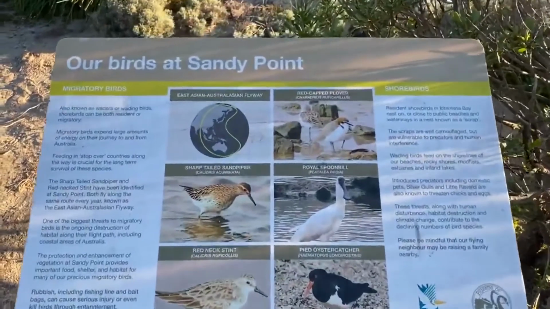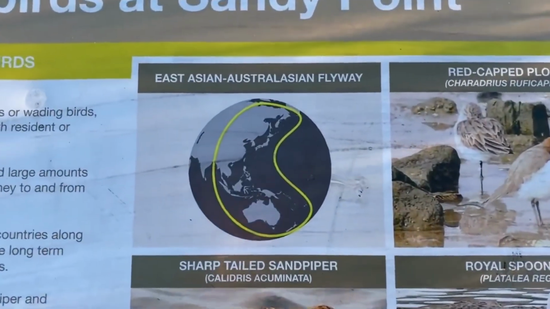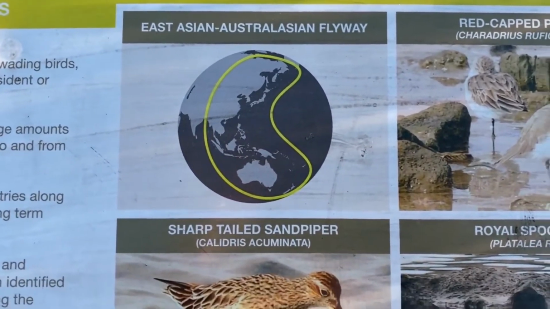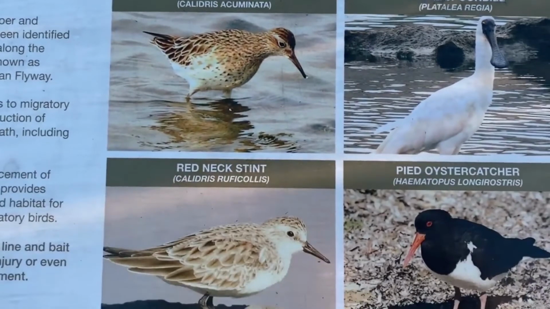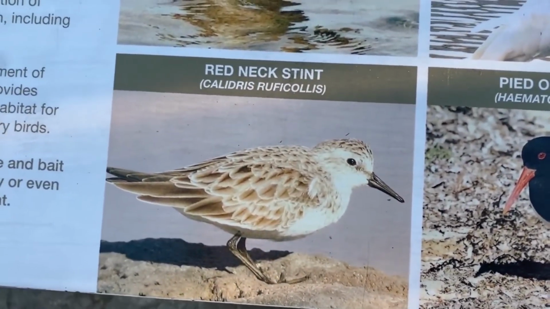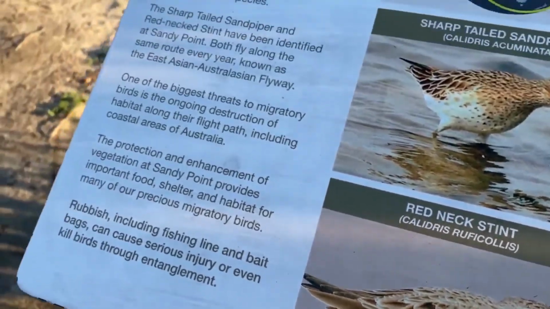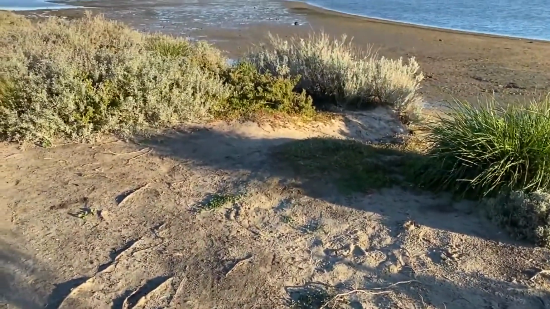This is Sandy Point, my place on the flyway. And if I scroll down the sign here, you will see, there he is, Tom, the red-necked stint. And this is where the stints come every year in springtime.